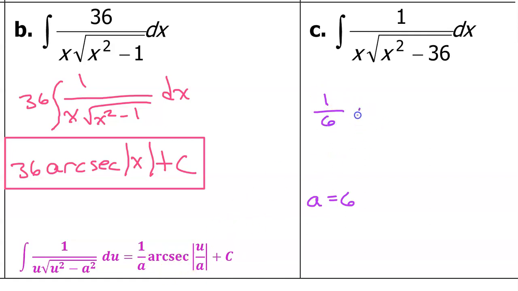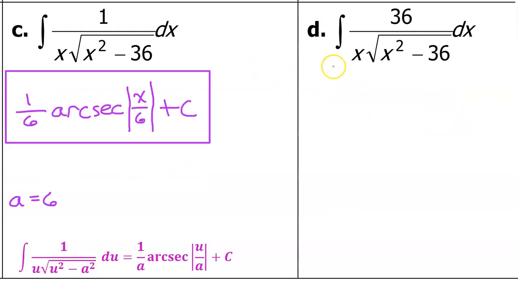Arc secant, absolute value of u over a, which in this case will be x over 6, plus c.